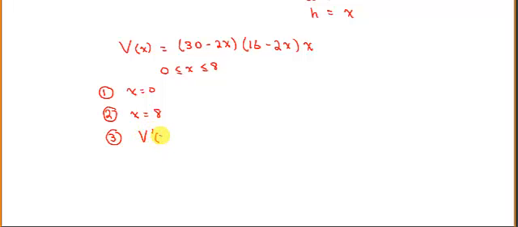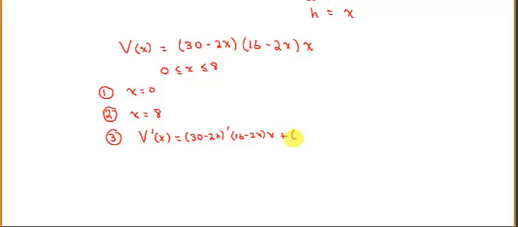And rather than multiply these all out, I'm just going to use the product rule. So I'll have 30 minus 2x, and I'll take its derivative, and then I'll have 16 minus 2x, I'll leave it alone, and times x, and I'll leave that alone.